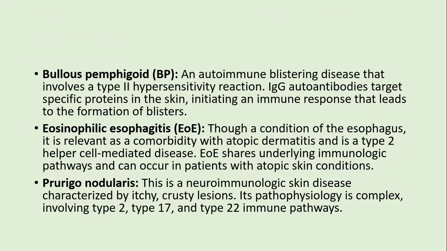Bullous pemphigoid is an autoimmune blistering disease that involves a type 2 hypersensitivity reaction. IgG antibodies target specific proteins in the skin, initiating an immune response that leads to the formation of blisters. And histologically, bullous pemphigoid is associated with lots of eosinophils within the blistering cavity.